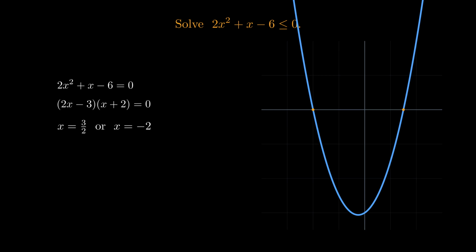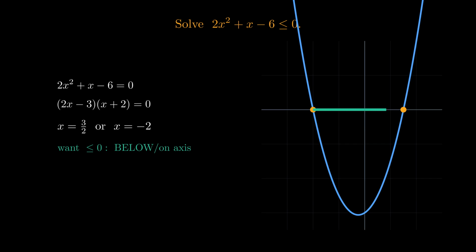Those are where the parabola meets the axis. It opens upward, so it dips below the axis between the roots. We want less than or equal to 0: below the axis plus the roots themselves, where it equals 0. That's the stretch between the roots, endpoints included.